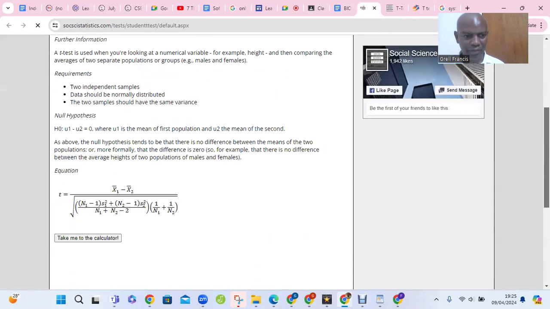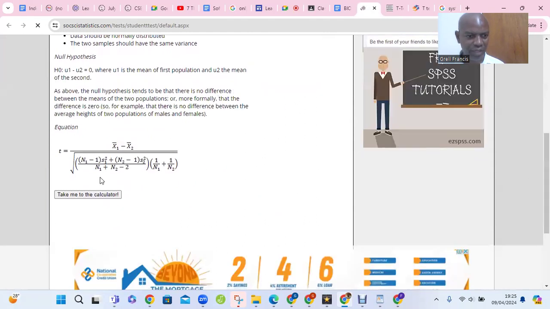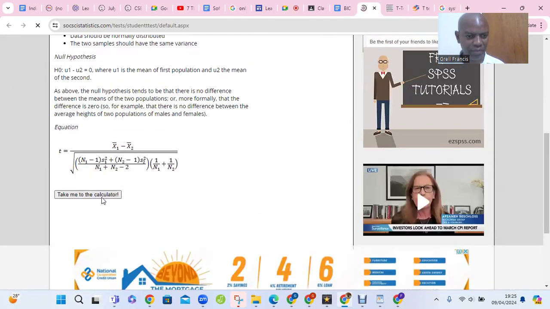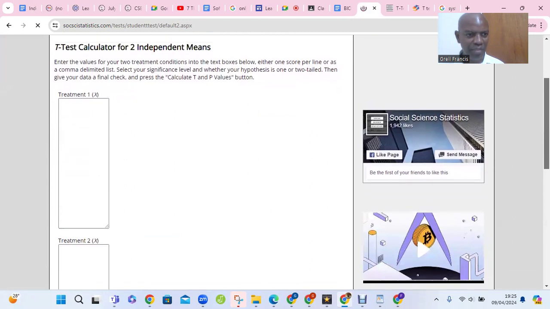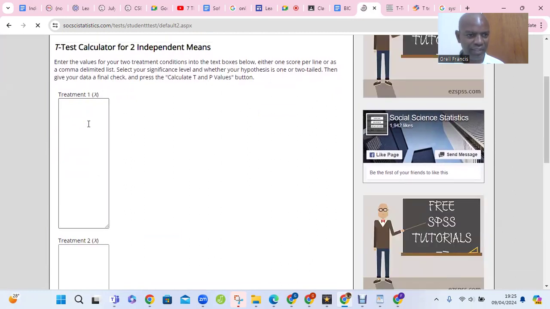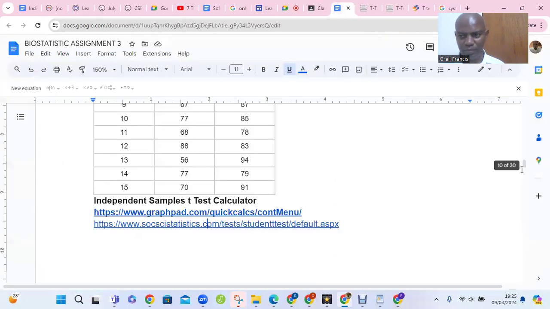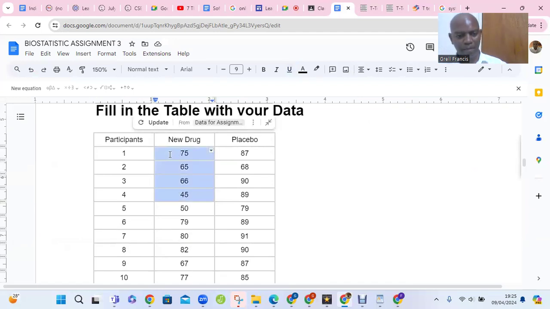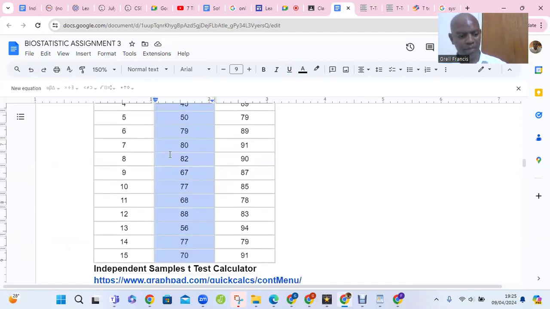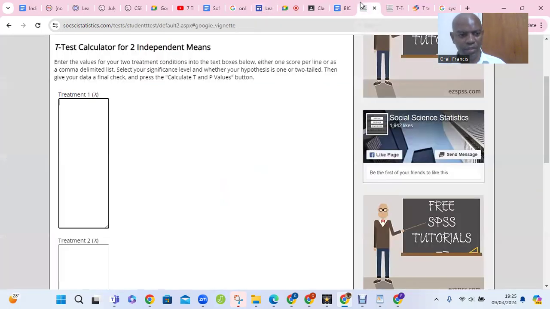And here it is, the other link. Take me to the calculator. Two independent means, so you can simply copy and paste your data here. So we copy the new drug data, Control-C, and we paste right here.